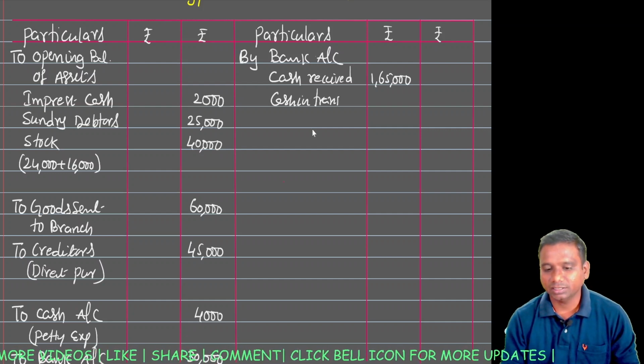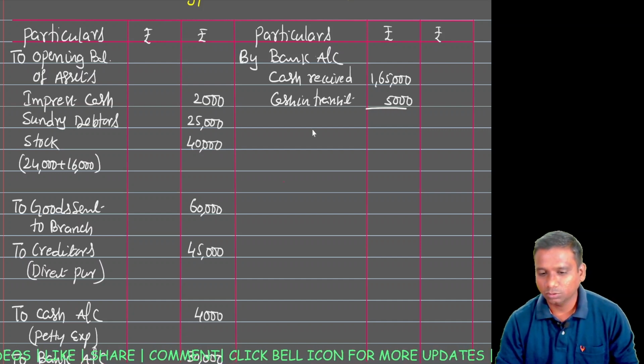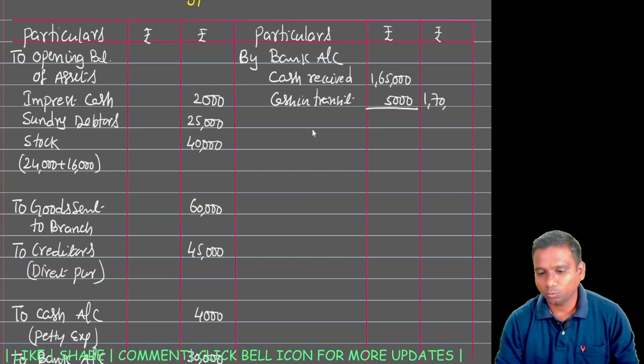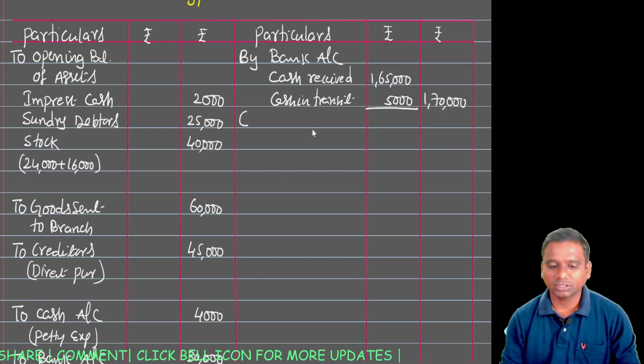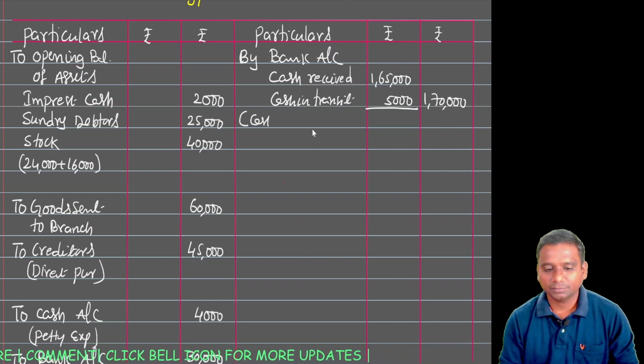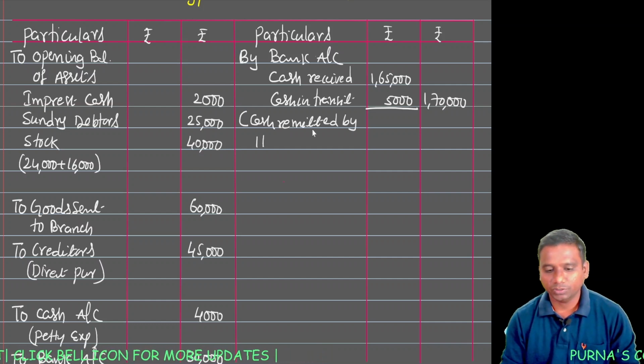Cash in transit 5,000. So total 1,70,000. So in the brackets you can mention cash remitted by branch.